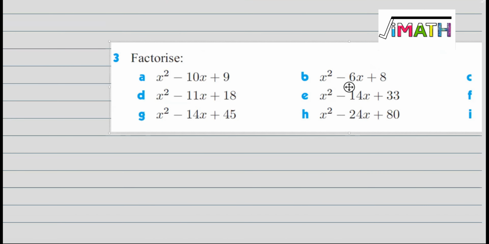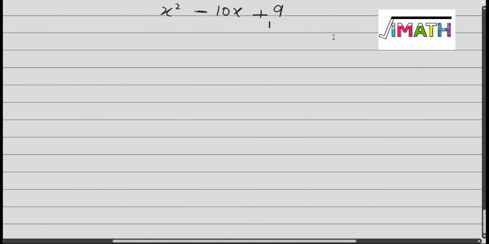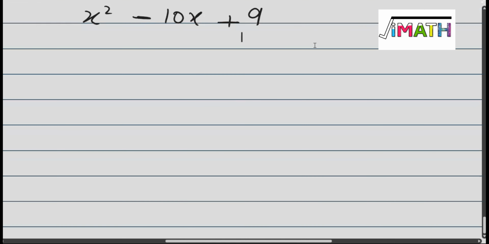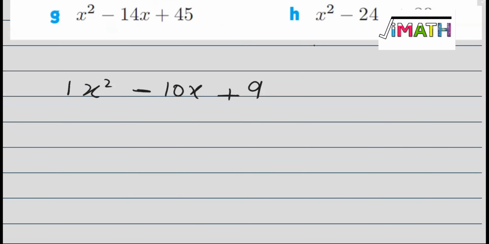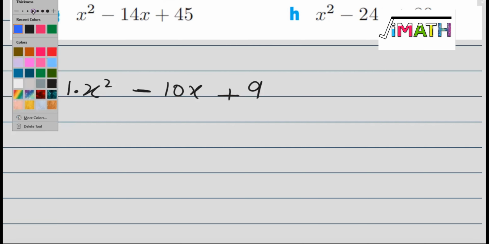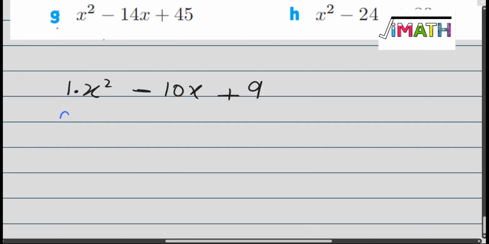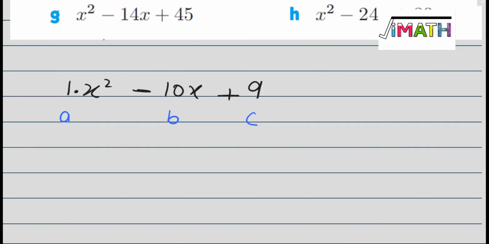A. So x squared minus 10x plus 9. Do you know the quadratic equation general form? The general form of quadratic equations? It's a x squared plus b x plus c. Yeah.